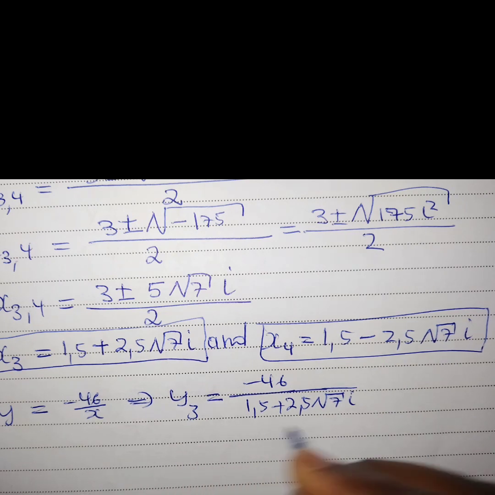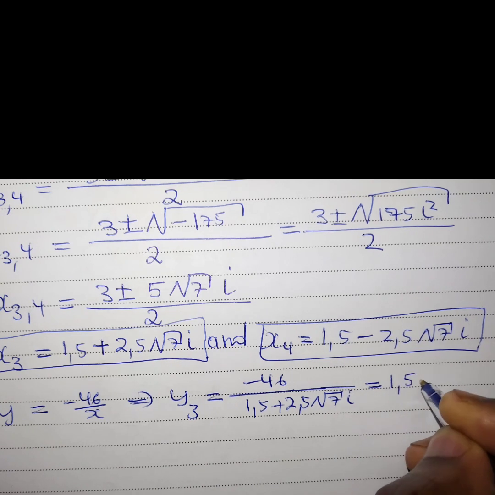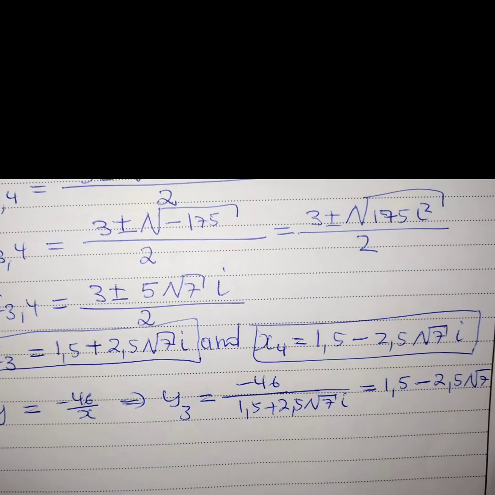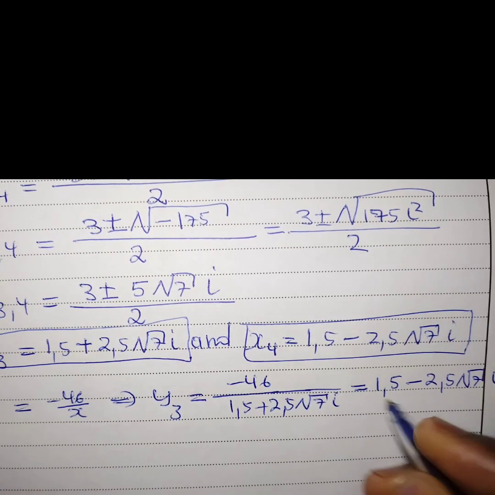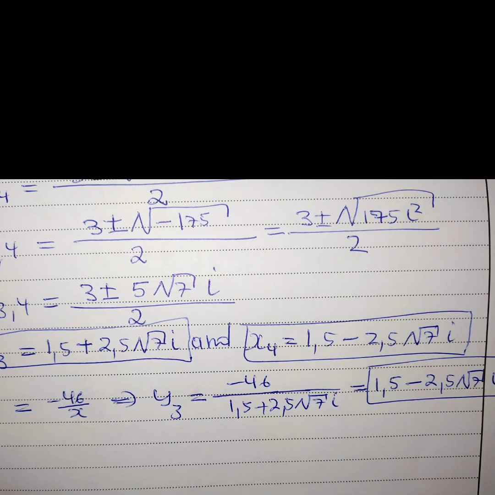So this will end up giving me 1.5 minus 2.5 square root of 7i. So this will be the value of y, which is also a complex number.